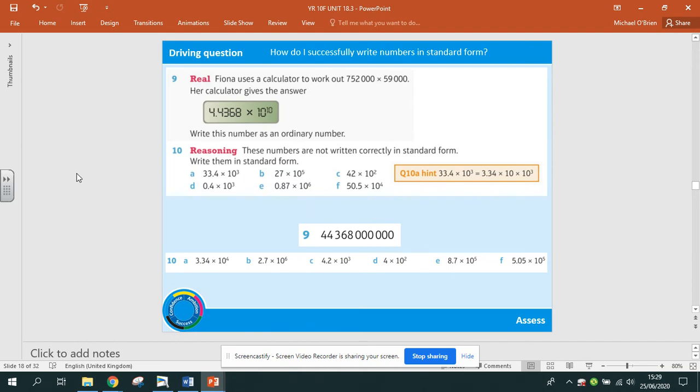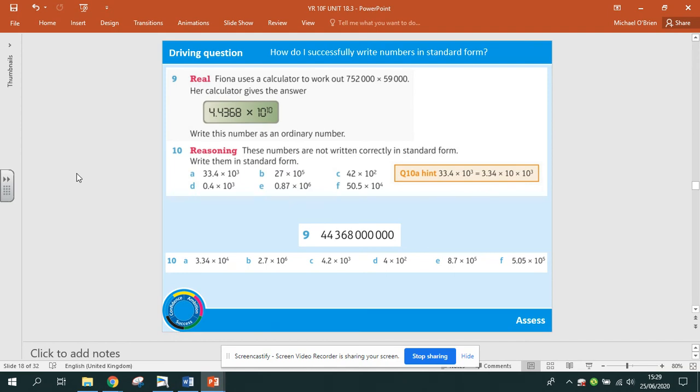So if we're making the decimal number smaller, so we're going from 33.4 to 3.34, we add 1 to the power. If we're making the number bigger, so we're going from 0.4 to 4, we subtract 1 from the power.